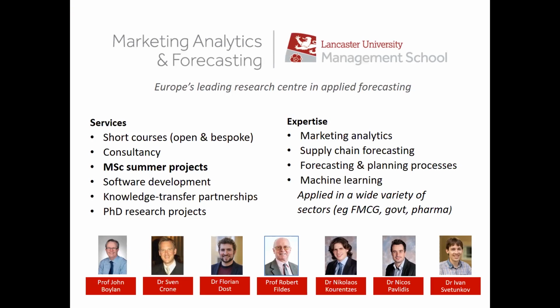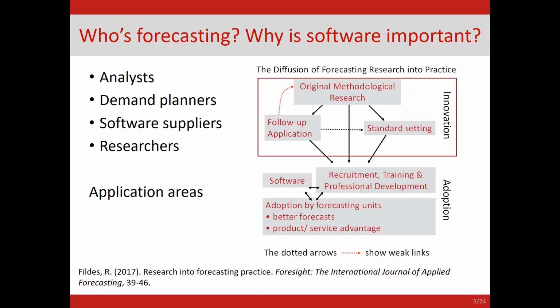Forecasting software is very fundamental to the whole development of forecasting, not just in practice, but in research as well. So you get some original methodological ideas. Back in the 70s, William Jenkins, who was at Lancaster, and Jeff Harrison, who was head of ICI Management Services.